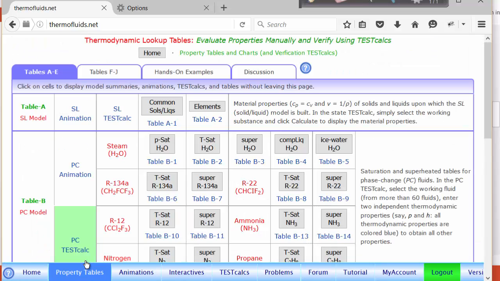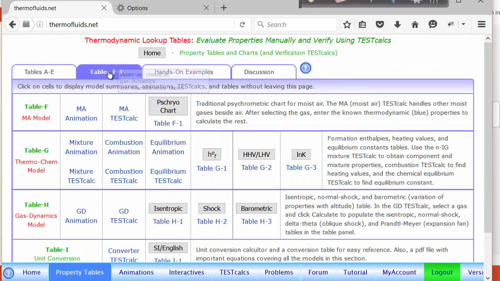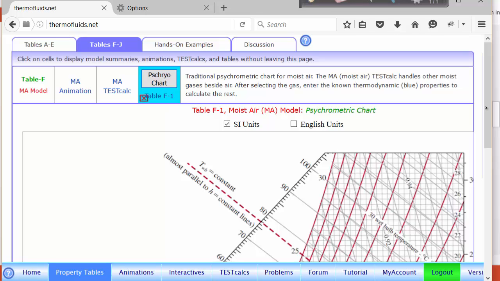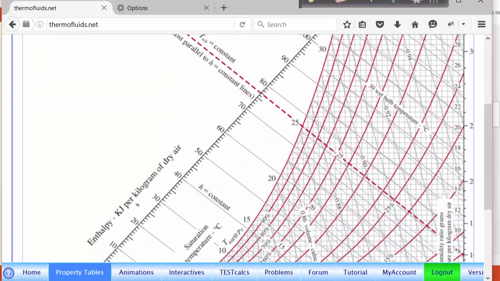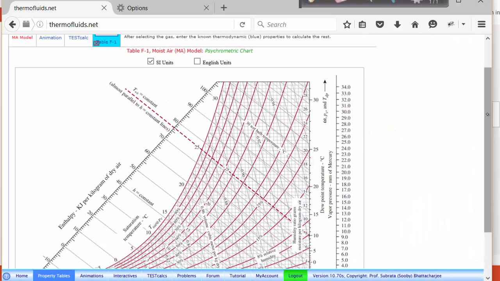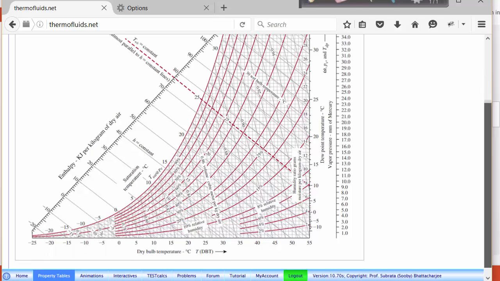It looks very similar, in the psychrometric chart, table F1. And here, this is the enthalpy as we talked about. I would suggest you print out or copy from your textbook this psychrometric chart, and when you solve the problem, use it generously so that you can draw on it with a ruler.